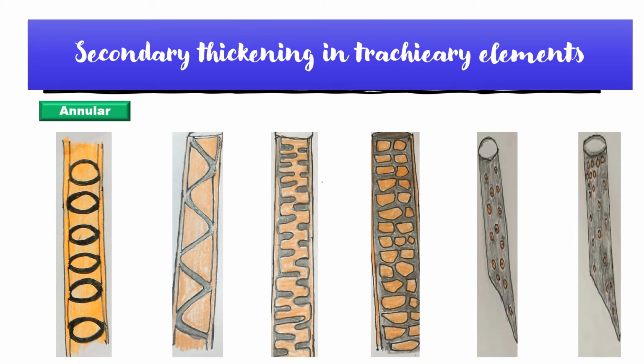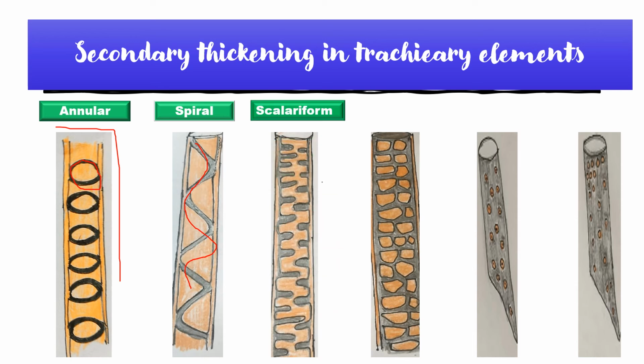The first one is called annular, where we find a ring-like thickening of the secondary wall. This is spiral, where we find helical thickening of the secondary wall inner to the primary wall. This is called scalariform, where we find parallel or transverse band-like structures.